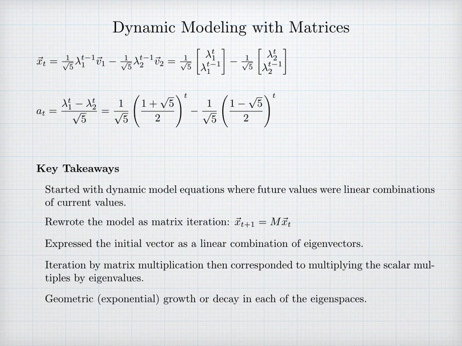And the consequence is, for these dynamic models that were governed by matrix multiplication, every eigenspace sees exponential growth if my eigenvalue happens to be bigger than 1 in size, or exponential decay if my eigenvalue has a value that's less than 1 in size. So here, our Fibonacci numbers are growing geometrically, and that helps us understand how this rabbit population that Fibonacci started looking at would have grown.